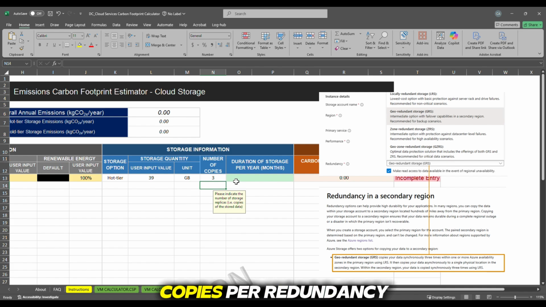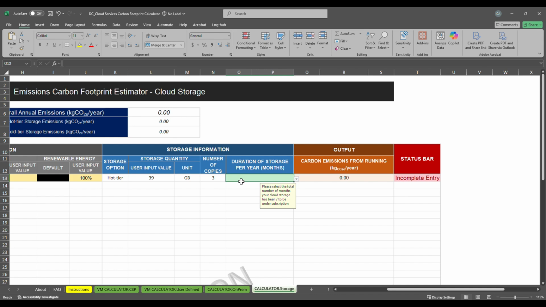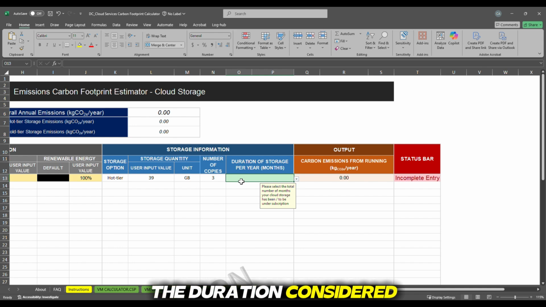The number of copies per redundancy option is provided and described under the user guide of the CSP for each of the redundancy options. The duration considered here is on a monthly basis, since CSPs usually have a monthly bill cycle.